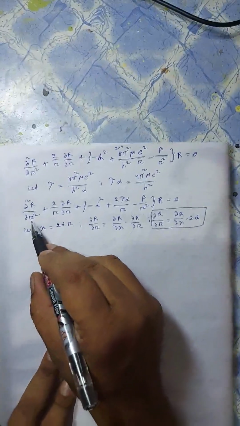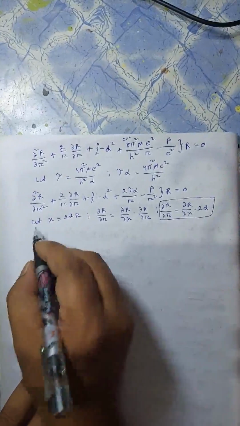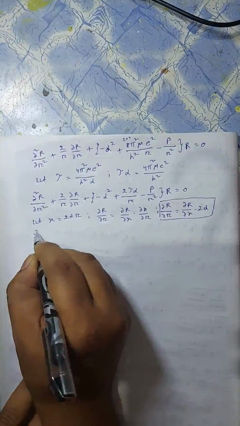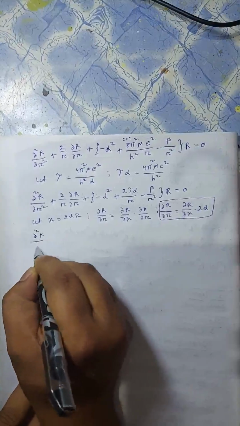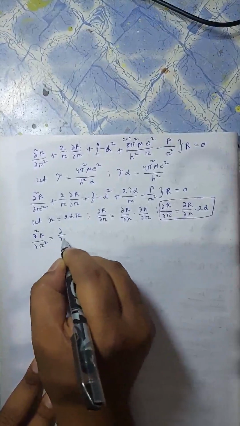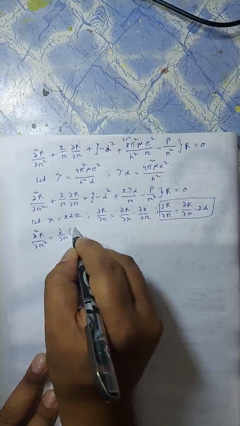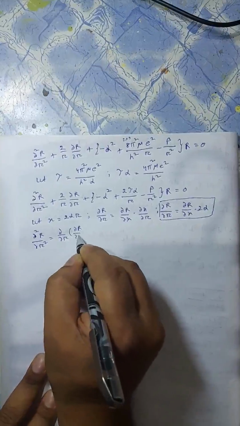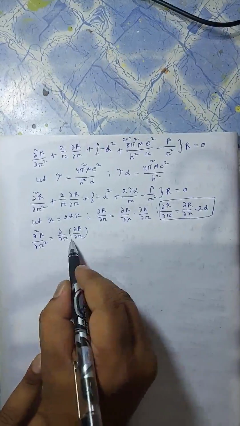We have to convert it into x, so we take the second derivative. ∂²R/∂r², which is equal to ∂/∂r of ∂R/∂r.